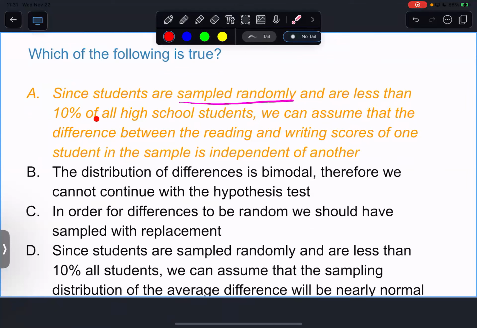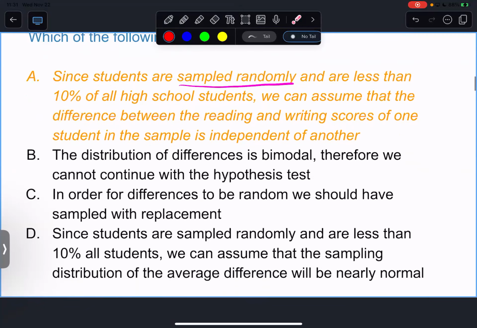200 students is less than 10% of all high school students. I'm not too concerned about the 10% condition, but our sample size should be less than 10% of the population. Otherwise, we're introducing dependence in our observations. And we can assume that the students are independent of each other, right?